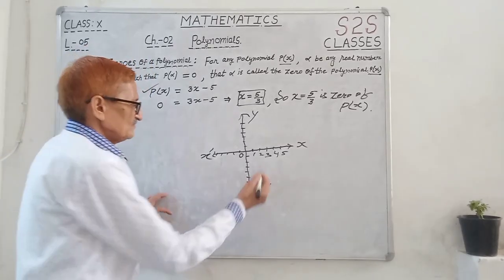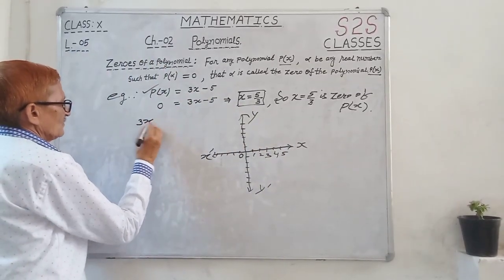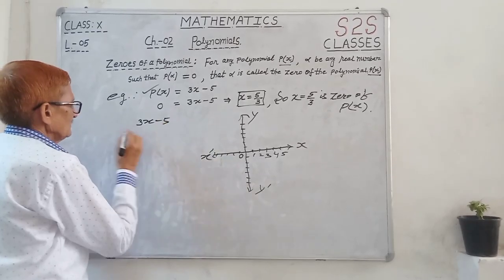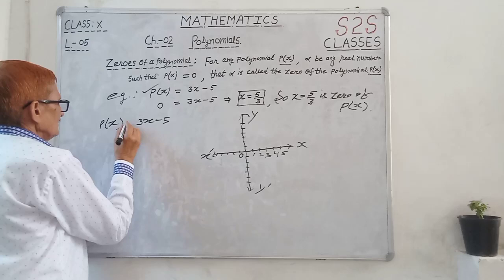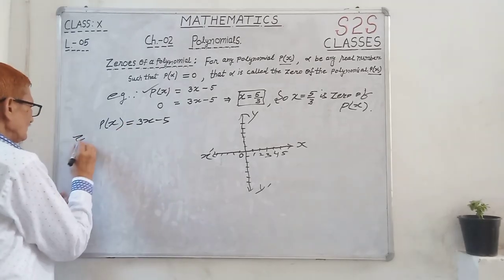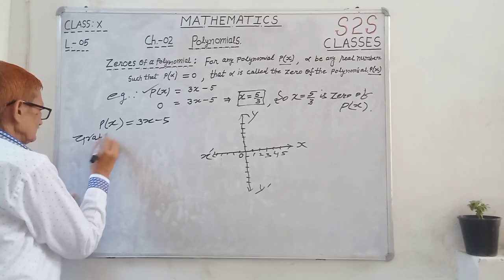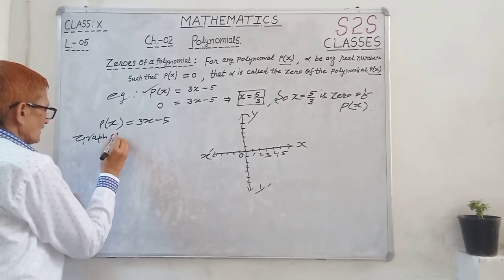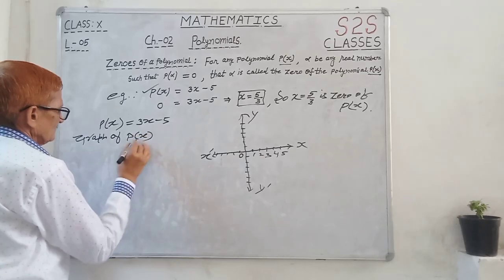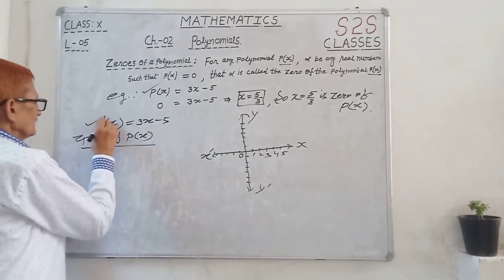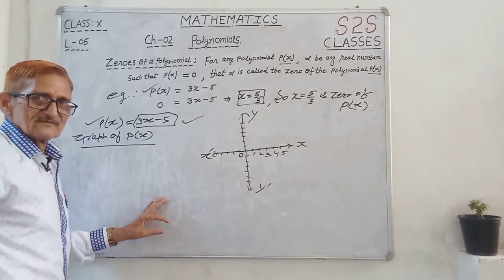Okay. Now if we want to draw the graph of this only, 3x minus 5. What will be the graph of this polynomial, graph of p(x)? If p(x) is this, then for this p(x), draw the graph.